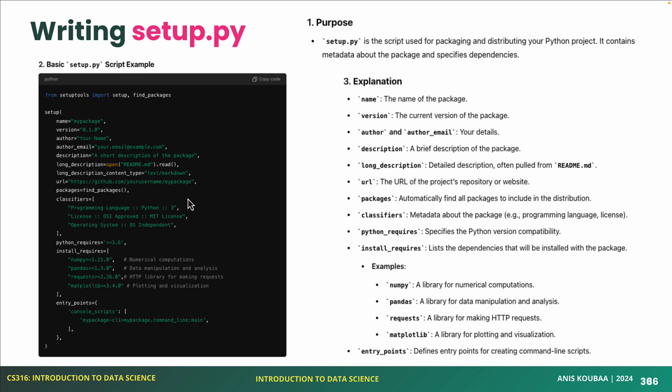And this is a classifier providing more information about the package: it uses Python 3, it has an MIT license, and it's independent from the operating system. And this is the important part, putting in the dependencies. Here I have four dependencies: NumPy, pandas, requests, and matplotlib. Look here, I specified that the version should be greater than a particular one.